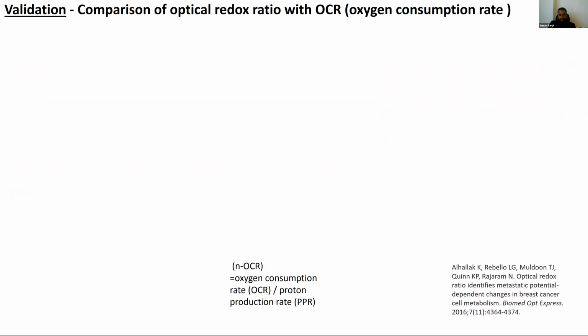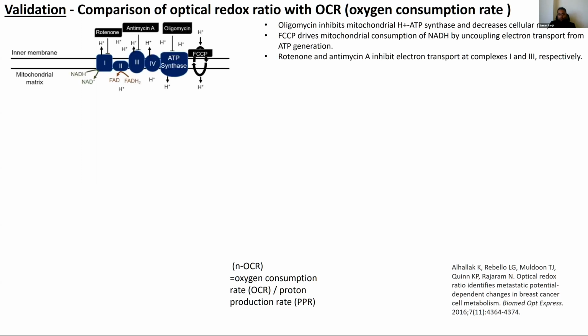Now, another validation is with optical oxygen consumption rate, which is the Seahorse assay. So the idea here is, well, you have your cell membrane, mitochondrial inner and outer membrane, and you can actually block different parts of this metabolic cycle. You can add oligomycin, which inhibits the mitochondrial ATP synthase.